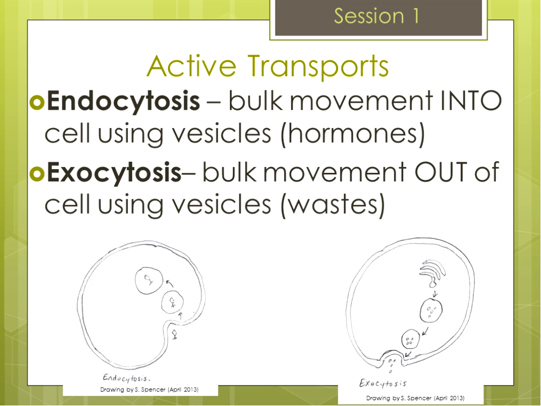Or if we're exiting, exo means to package and release, so here that's probably like waste or hormones that's being packaged and released. Both of these involve energy because of the needing to package and move like that, so they require cell energy. All right.